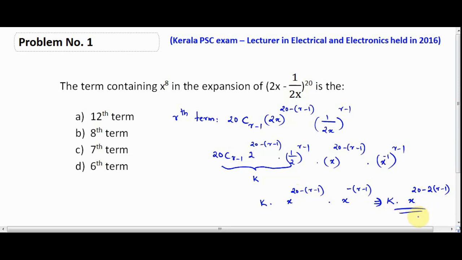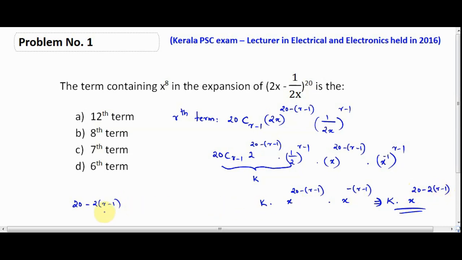Okay, now the term that we have to identify is having x raised to 8. Okay, so the exponential factor corresponding to x is 8. So the term containing x raised to 8 will have 20 minus 2 into (r minus 1). Okay, so here in the general expression, the power of x is 20 minus 2 into (r minus 1).